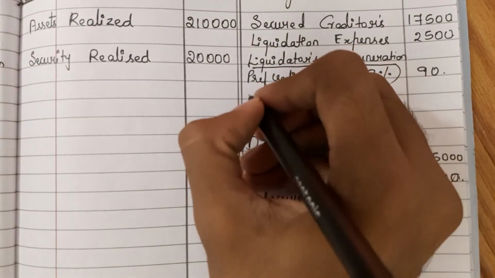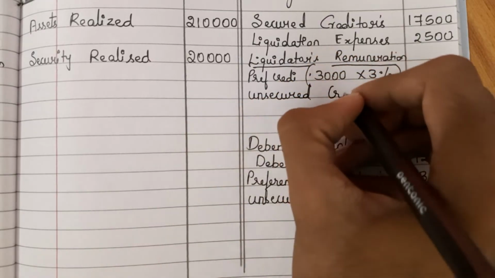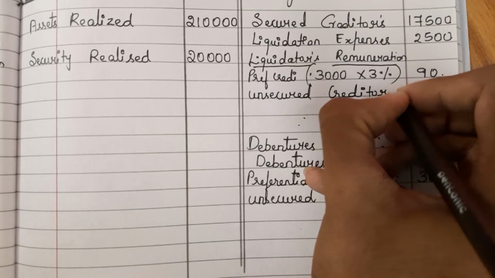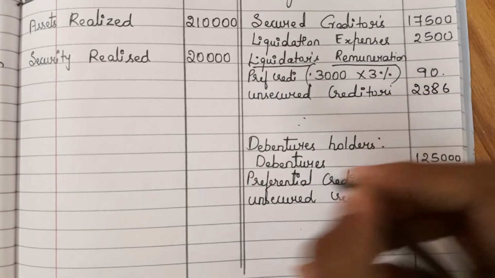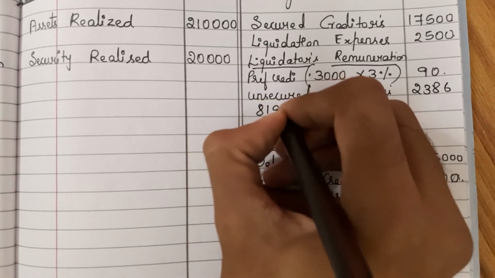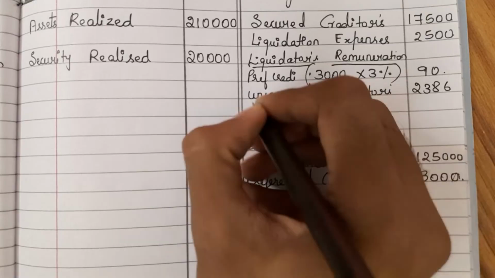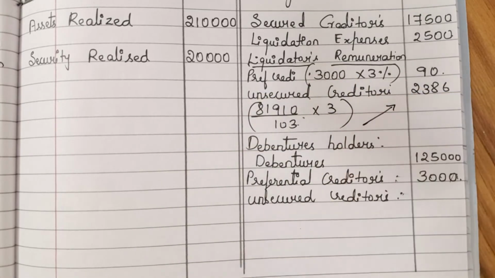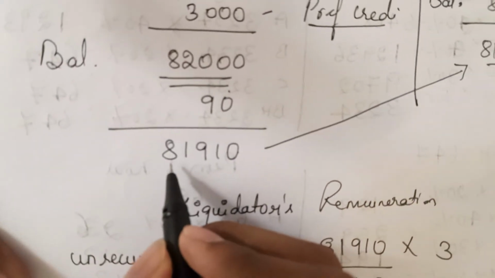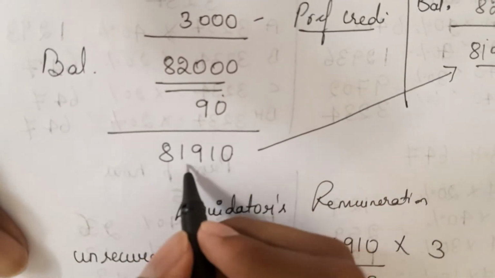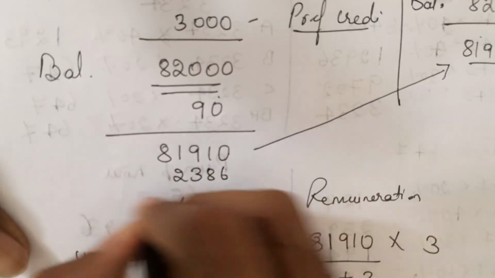So from the unsecured creditors, the liquidator remuneration was 3%. He is getting 2,386. How we got this one? 81,910 divided by 103 into 3. If you do it, you will get this 2,386. Now here if you see, the balance available was 81,910. So in that we have given 2,386 as remuneration.